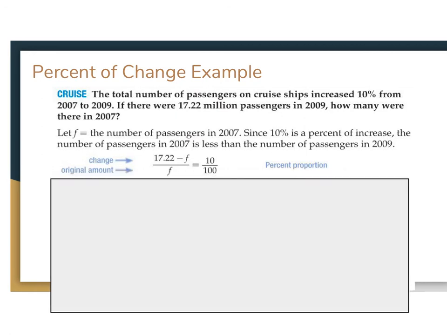We see here our equation set up: our change is going to be 17.22, which is in millions because we are talking about 17.22 million passengers, subtract F because F is the number of passengers in 2007. So that is the change, all divided by our original amount, which is F, is equal to 10, which is our 10% over 100.